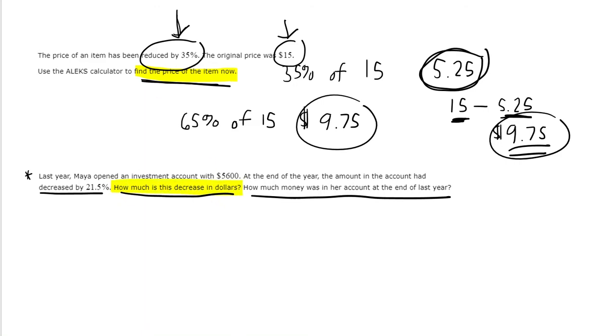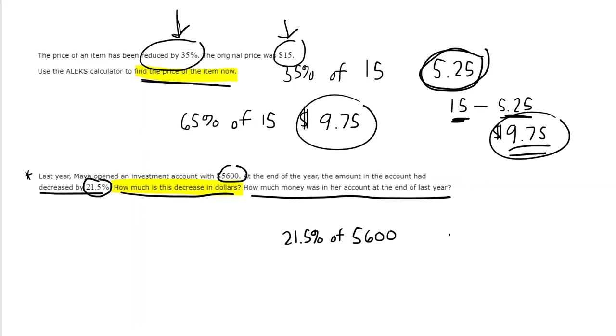Okay? And we know that the decrease is 21.5% of the starting amount. So if you take 5,600 and you find out what 21.5% of 5,600 is, that's going to tell you how much money she lost, or how much was the decrease. So remember, to take a percent sign away, you have to divide by 100.